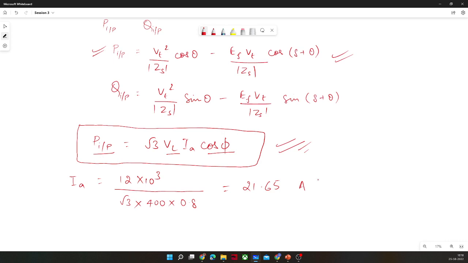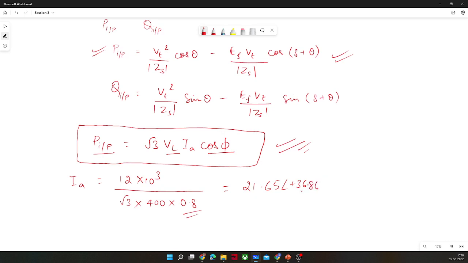ampere. But I would bring the angle in also, because we are doing all these calculations in AC. So in AC, magnitude is always important, but we have to carry the angles also. Since it was 0.8 leading, I can write it as plus 36.86.